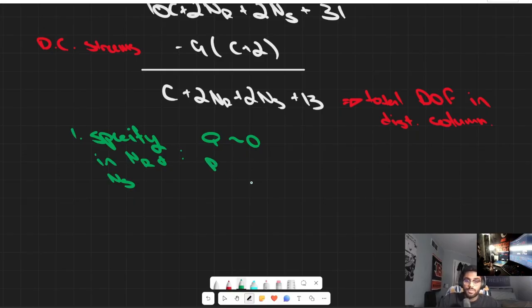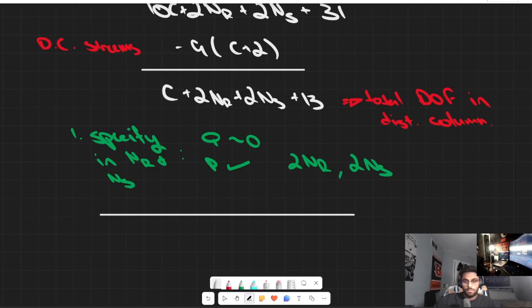And we specify pressure, by saying rather than specifying what that pressure is, that the pressure drop is negligible or that excess is flared off. So we also specify a pressure. This gets rid of our 2 rectifying and our 2 stripping. And what's left is going to be C plus 13.